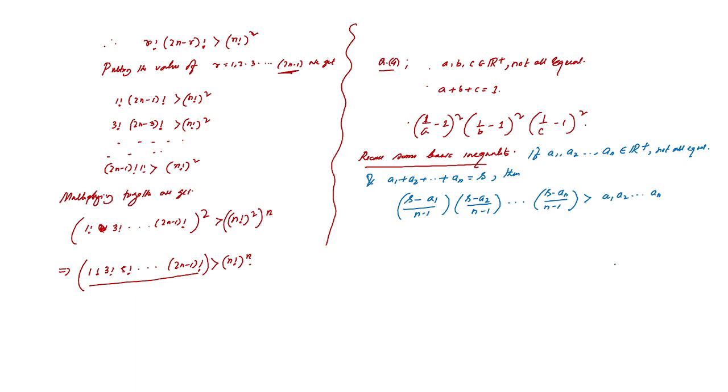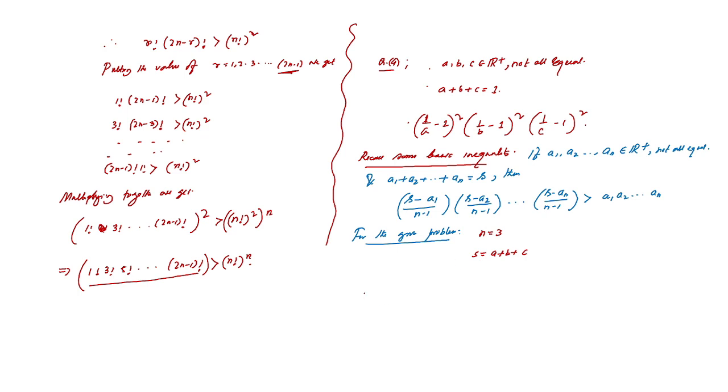So for the given problem, how many positive numbers? Here n equals 3. In place of A1, A2, A3, it is given A, B, C. Our S is A plus B plus C, and n equals 3.